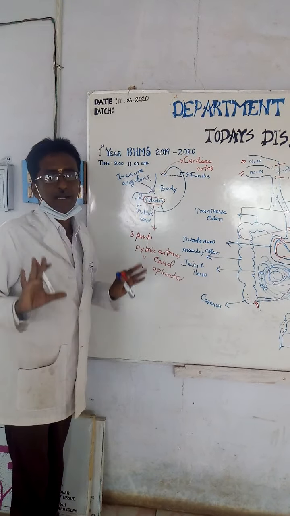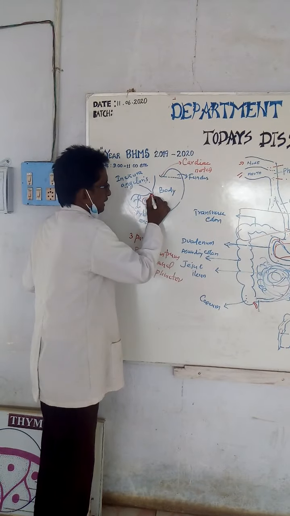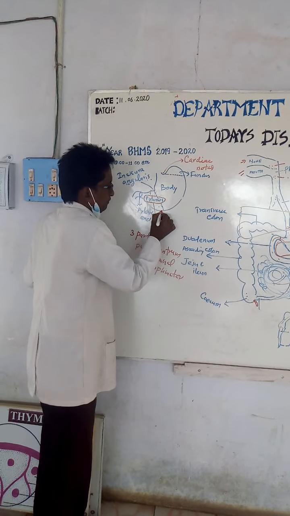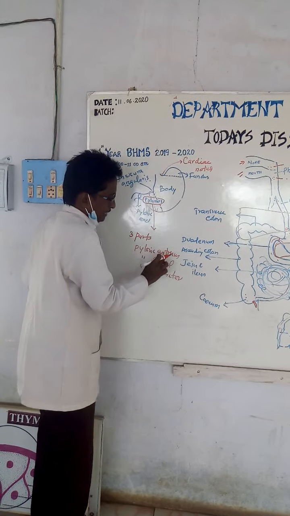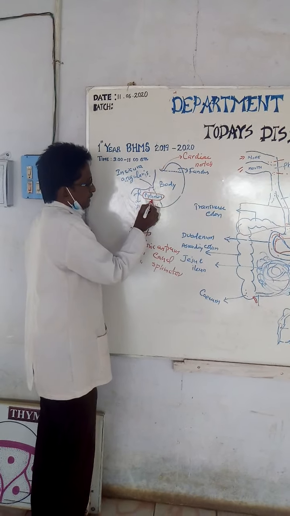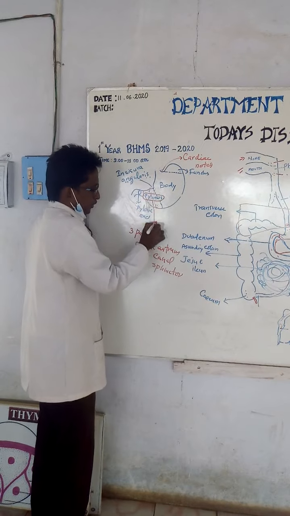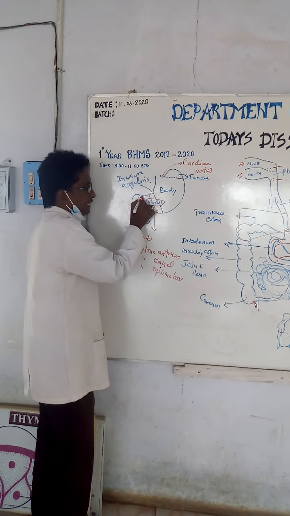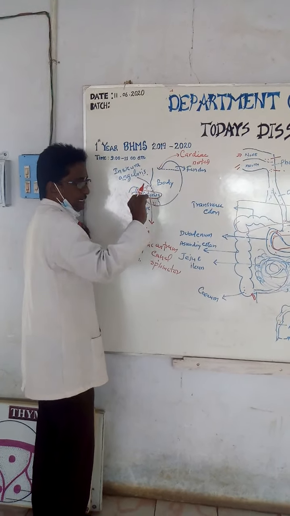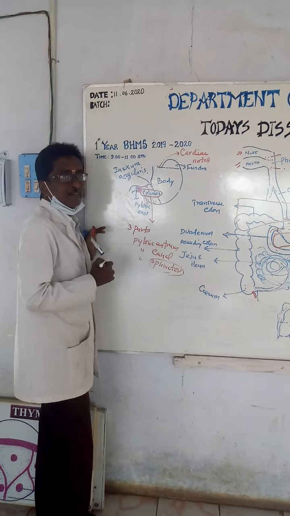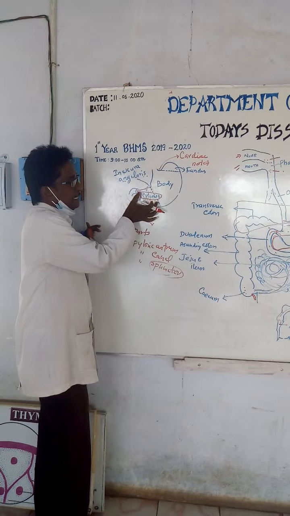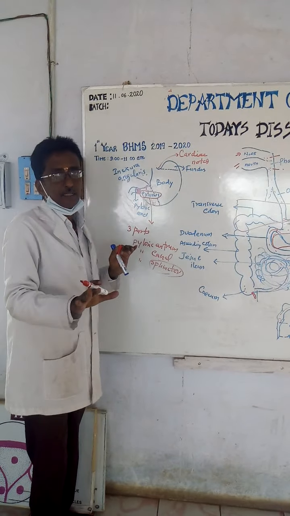The first, most dilated part is called the pyloric antrum. The next part is called the pyloric canal. The thickened, spring-like portion is called the pyloric sphincter. So this is the general subdivision of the stomach.